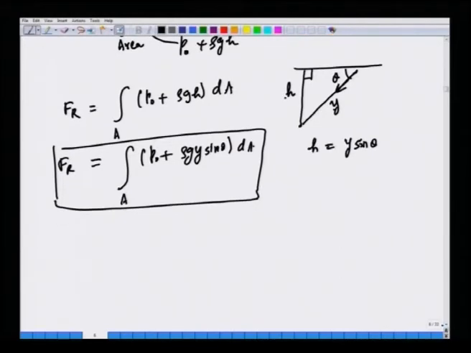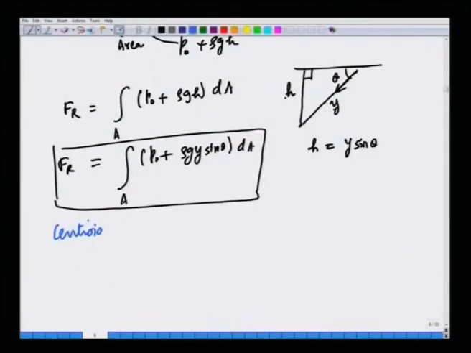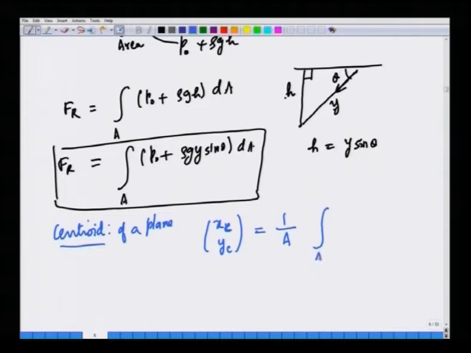Traditionally, this force is calculated either by just carrying out this integral, or you define the centroid of a plane. The centroid of a surface which is on the xy plane is 1 over area times integral over A of x dA and y dA. This gives the coordinates of the centroid of a surface.